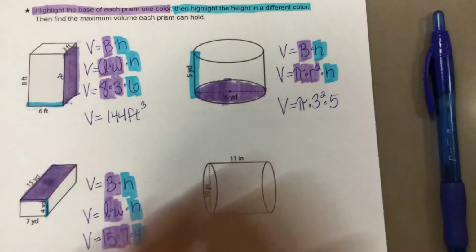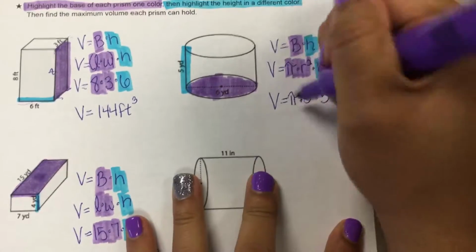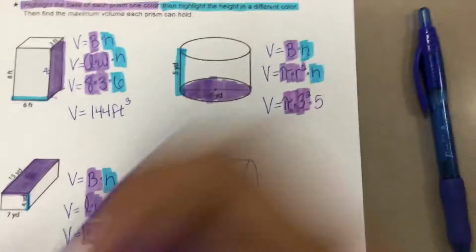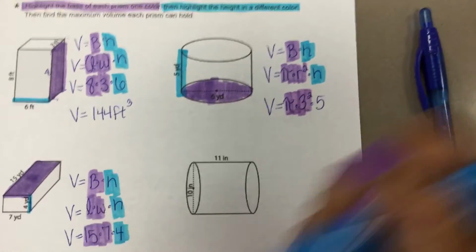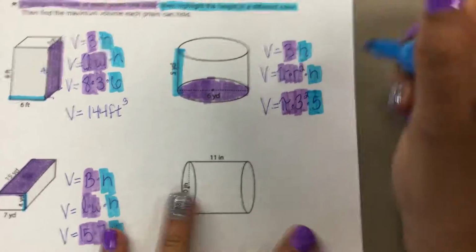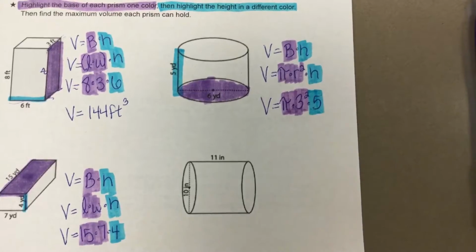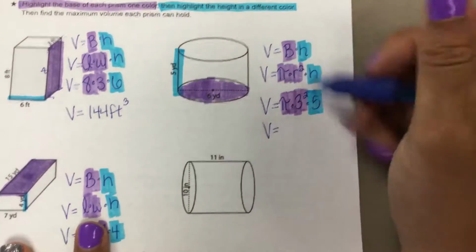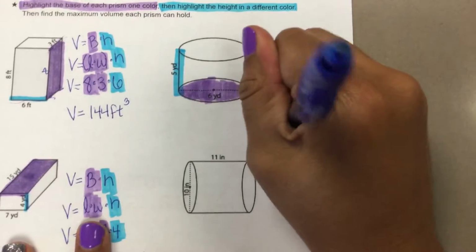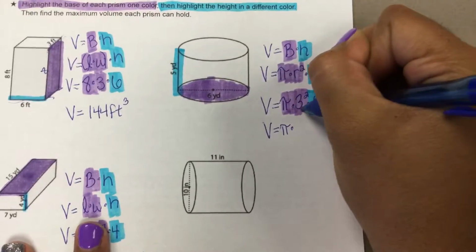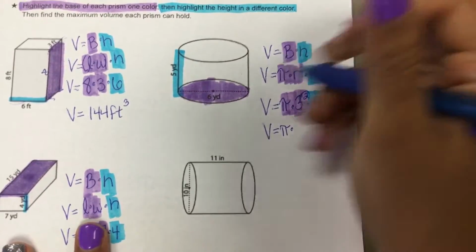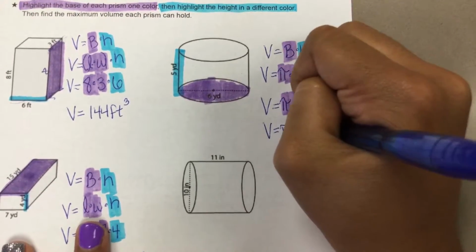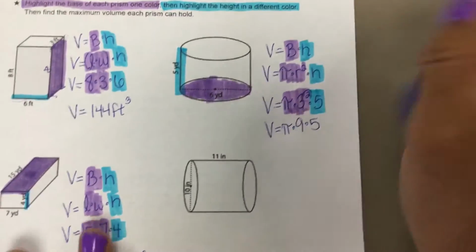Okay, and I'll highlight while you guys are getting that down. All right, I'm gonna go ahead and figure out what 3 squared is. We have pi times, remember squared is 3 times 3, so 3 times 3 is 9.